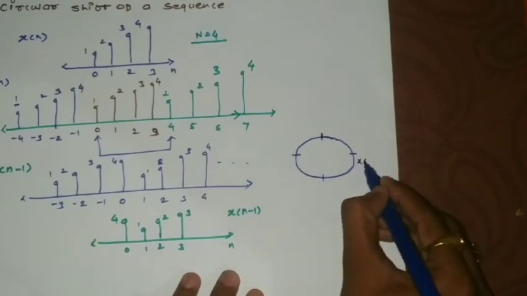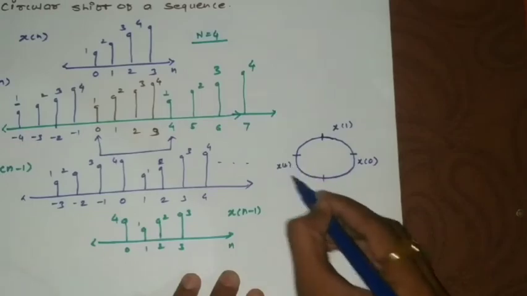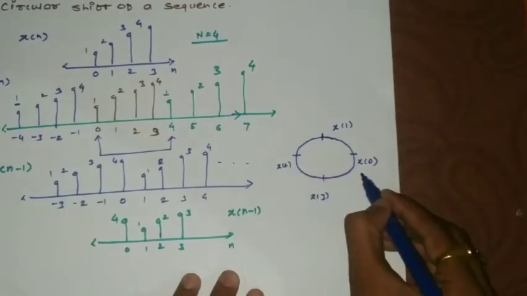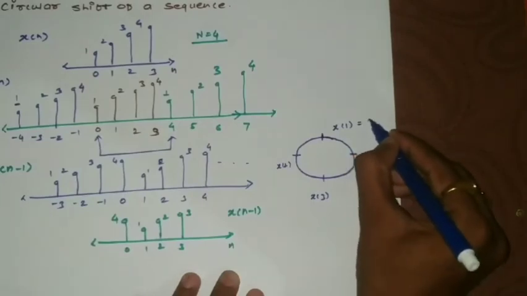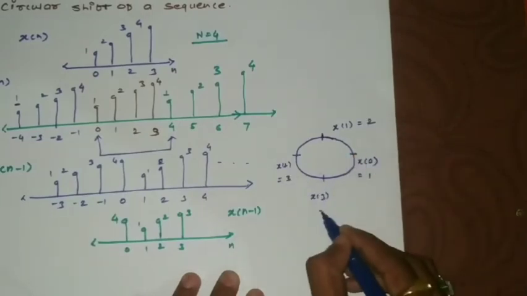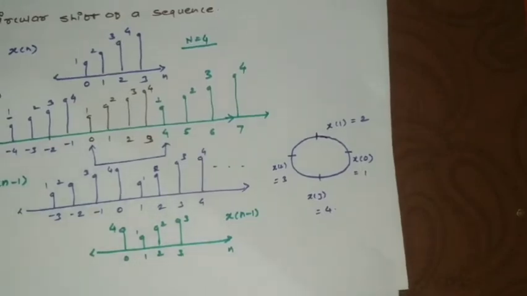This is for x0, x1, x2 and x3 with the amplitudes from this term 1, 2, 3, and this is going to be 4. Now they are at the mean position, at the center terms.